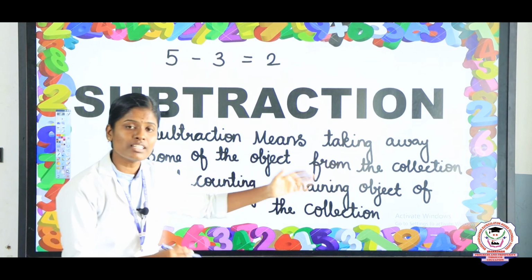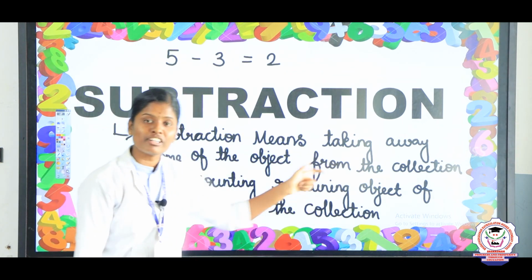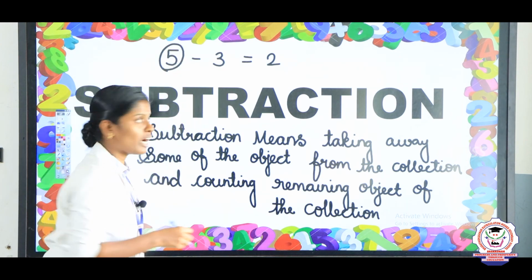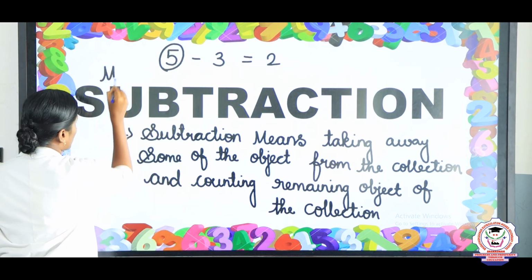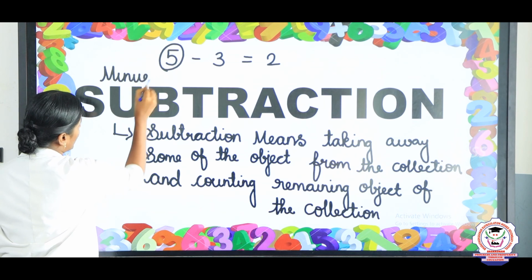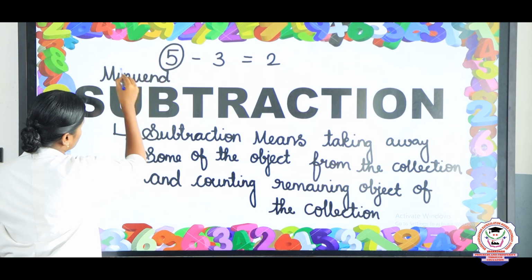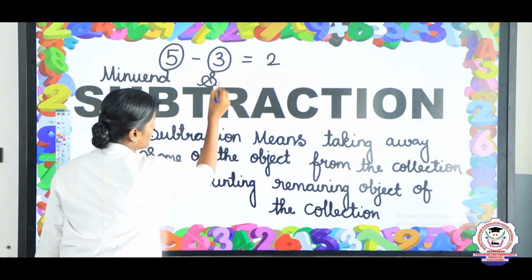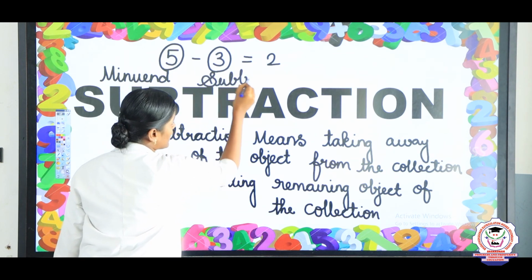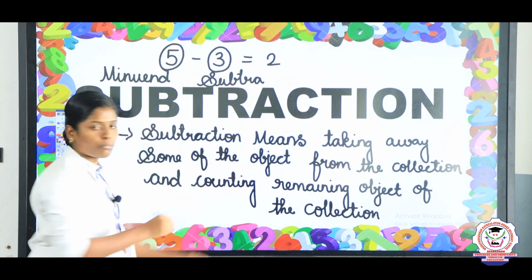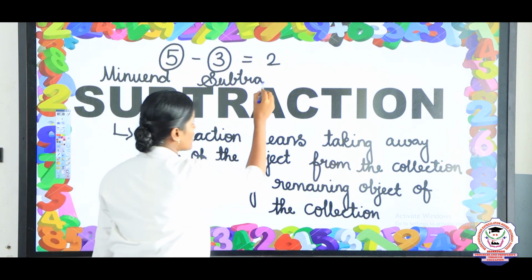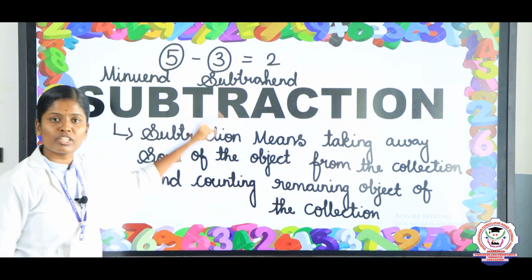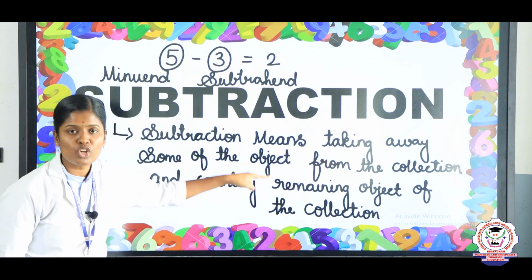In subtraction, we have some names for the terms. The first number, 5, is called the minuend, and 3 is called the subtrahend.